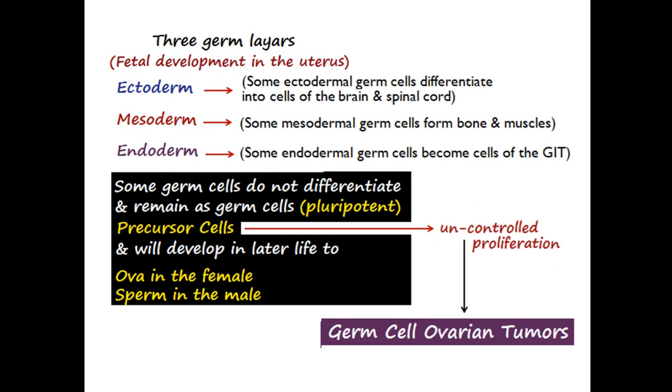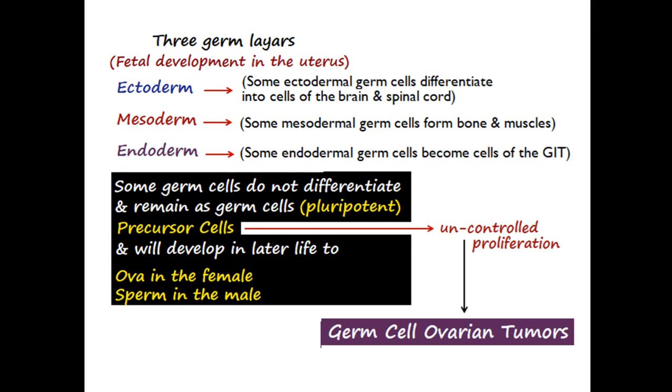Now you know that the three germ layers that develop from the embryoblast are the ectoderm, mesoderm and endoderm.